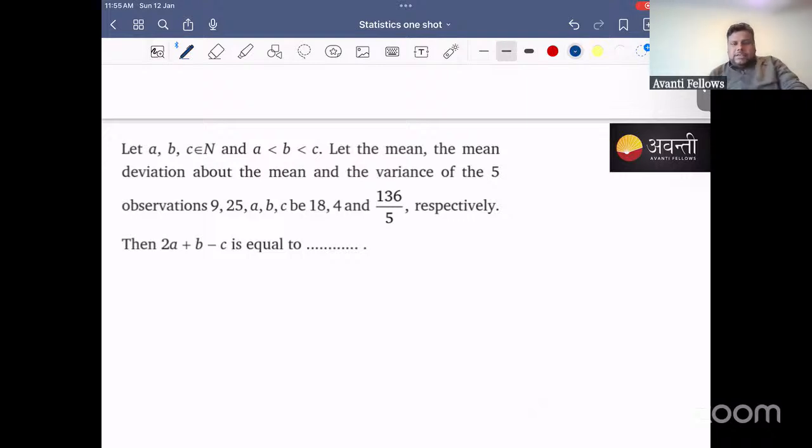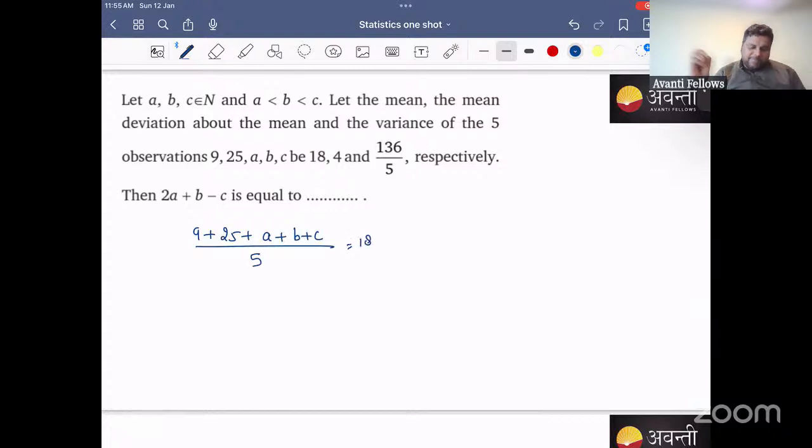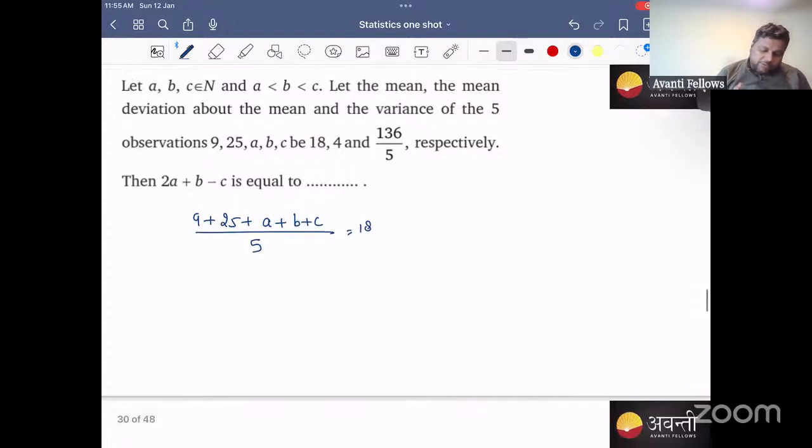So completely I won't do it, but what you have to do? Mean given to you is (9 plus 25 plus A plus B plus C) by 5, which is 18. Now mean deviation about the mean. Mean is what? 18.